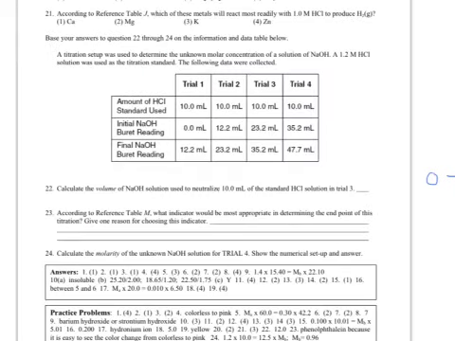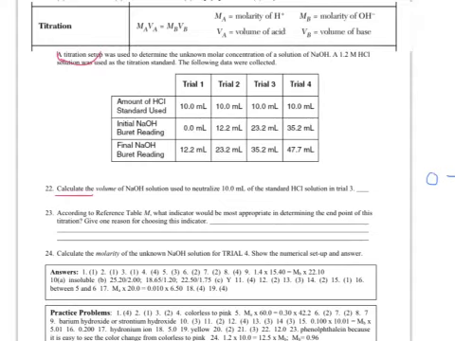In the next question, we'll notice that we observe the key word titration. The first question asks us to calculate. So all calculation equations are found on reference table T. So now let's see what information we can determine. So from the question, they give us that we used 1.2 molar HCl.